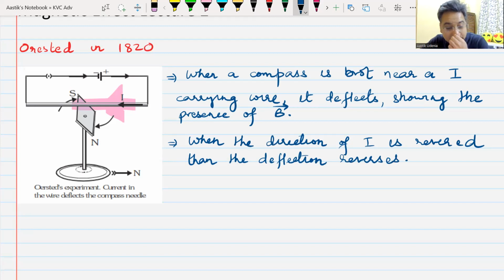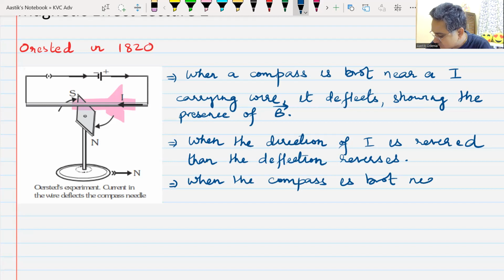That means the direction of this magnetic field is determined by the direction of current. When the compass is brought near, the deflection increases, and vice versa.